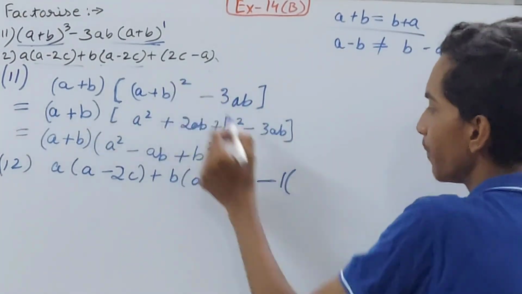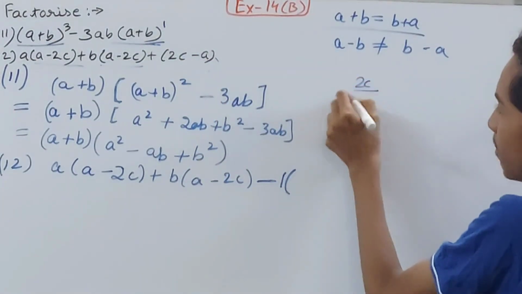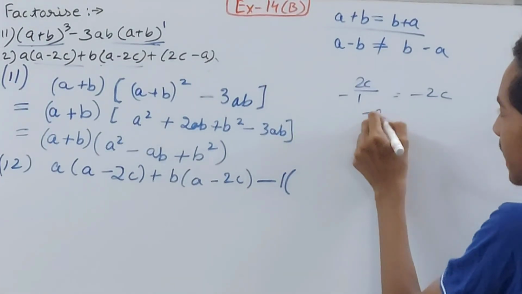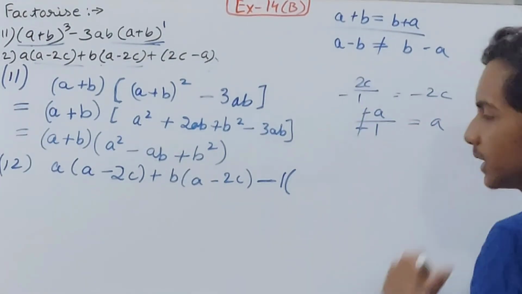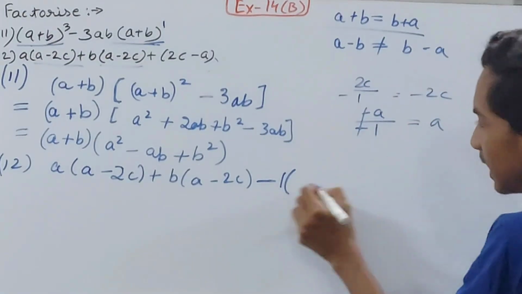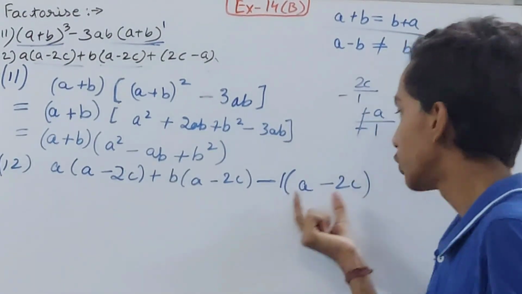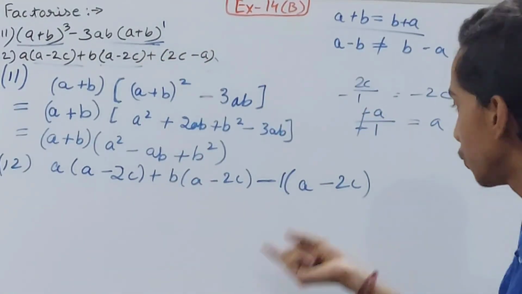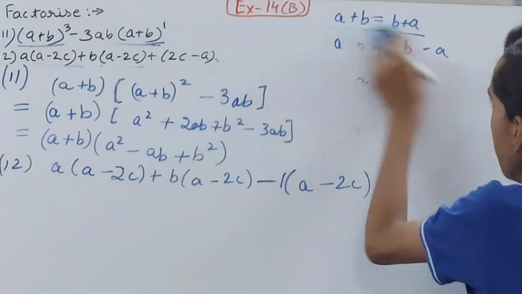If you divide 2c by −1, you get −2c. If you divide −a by −1, minus minus cancel, plus a. So you write this as (a − 2c), yes. Minus 1 is common, so the signs inside the bracket also change. So this will become −1(a − 2c).